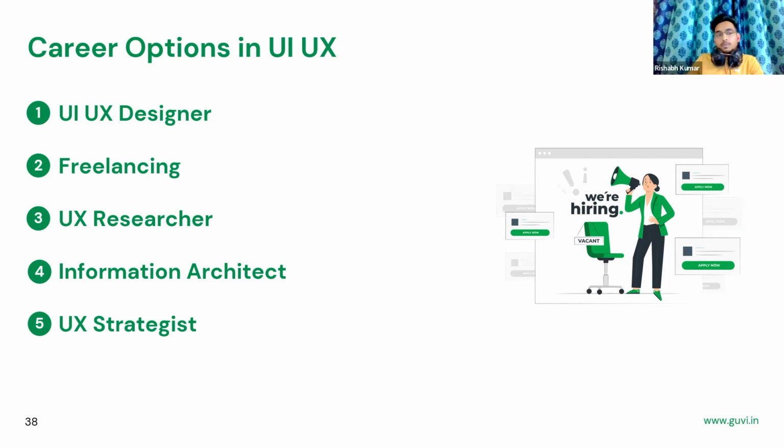Also, there's a position known as UX researcher. A UX researcher researches the users about how the experience is going with the product. For example, take Uber. The UX researchers are always taking feedback from their users about how their ride was. Take Zomato and Swiggy also.